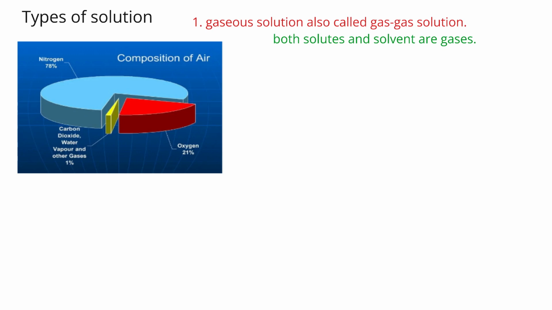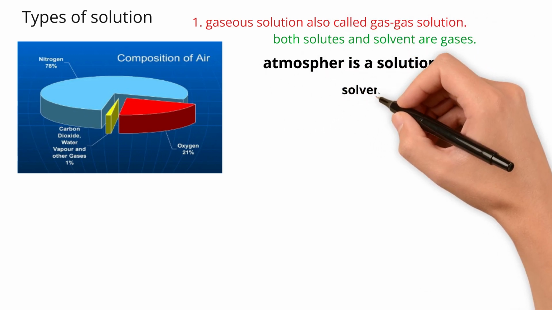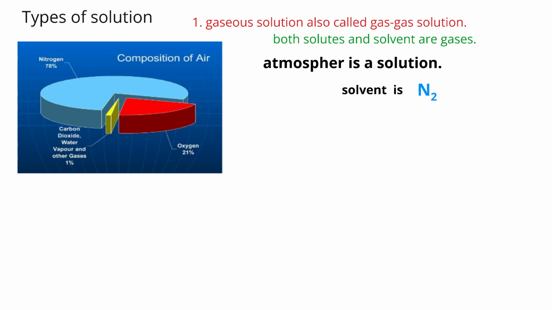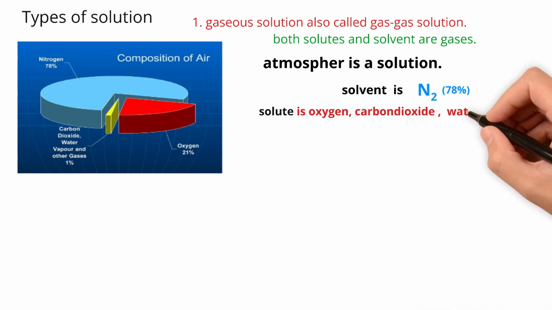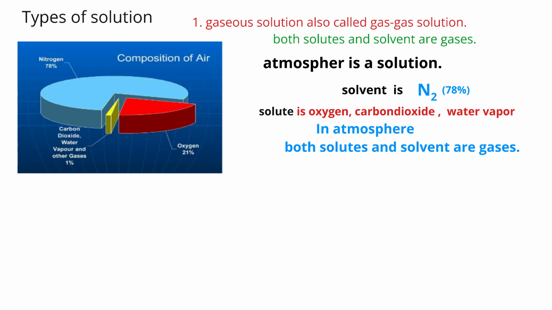The composition of air: nitrogen is 78%, oxygen is 21%, and carbon dioxide and water vapor are 1%. As I told you, the atmosphere is a solution in which the solvent is nitrogen, which is 78%. The solutes are oxygen, carbon dioxide, and water vapor.